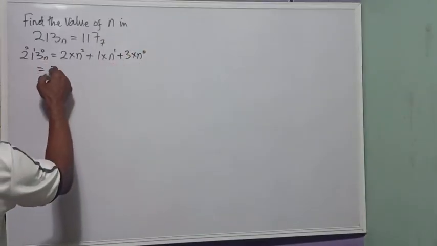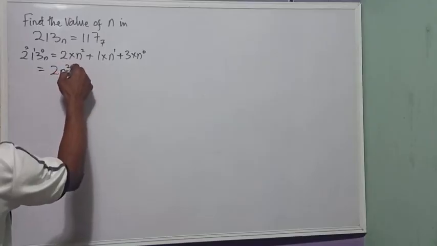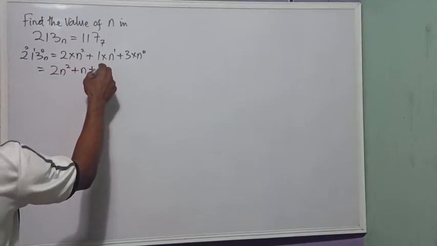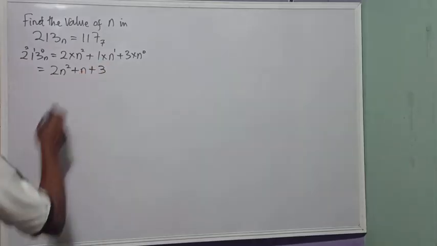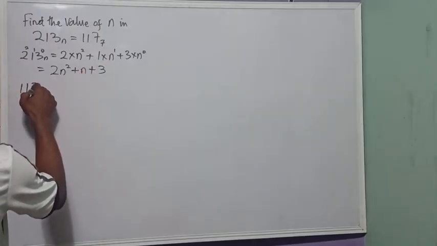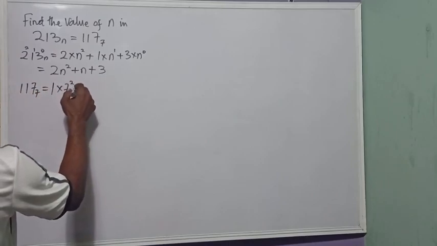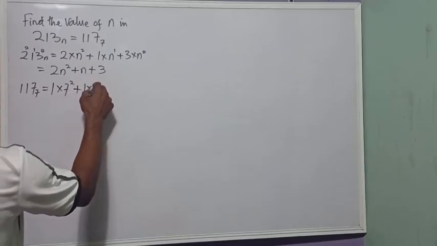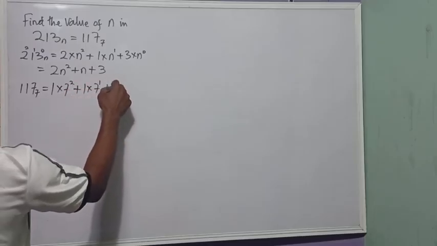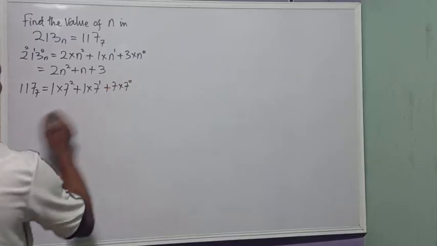Now this gives us 2n squared plus n plus 3. Okay, and for 117 base 7, we have it as 1 times 7 raised to power 2 plus 1 times 7 raised to power 1 plus 7 times 7 raised to power 0.